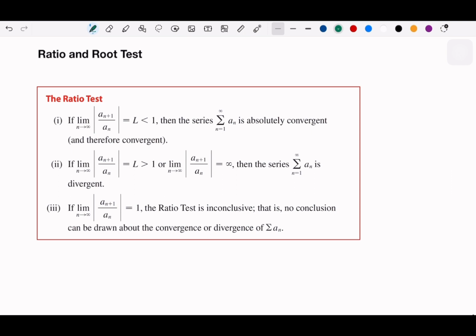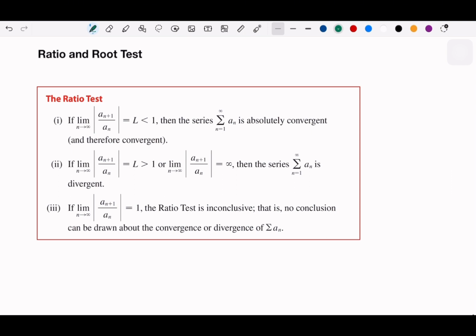So you could just check with the ratio test, and if it is absolutely convergent, you can stop, and you don't need to check the alternating series.